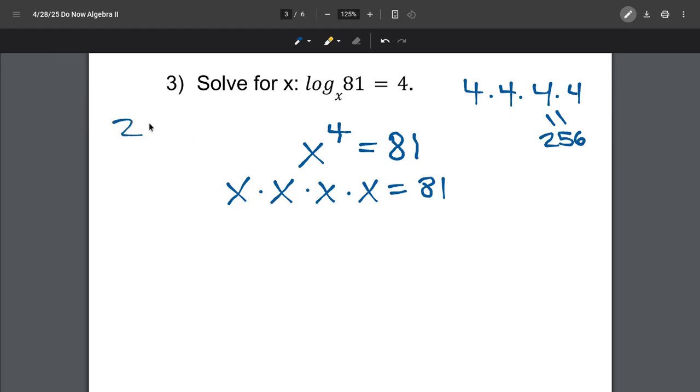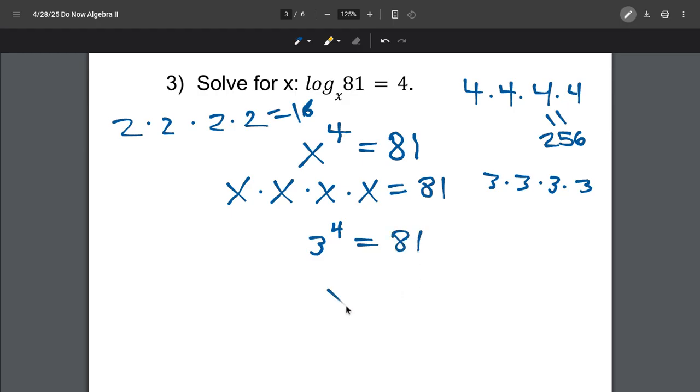Let's say you did 2, so you do 2 times 2 times 2 times 2. Well, that's 16. That's too small. But if you do 3 times 3 times 3 times 3, well, that does equal 81. So x has to be 3 because 3 to the 4th power equals 81. So long story short, x equals 3.